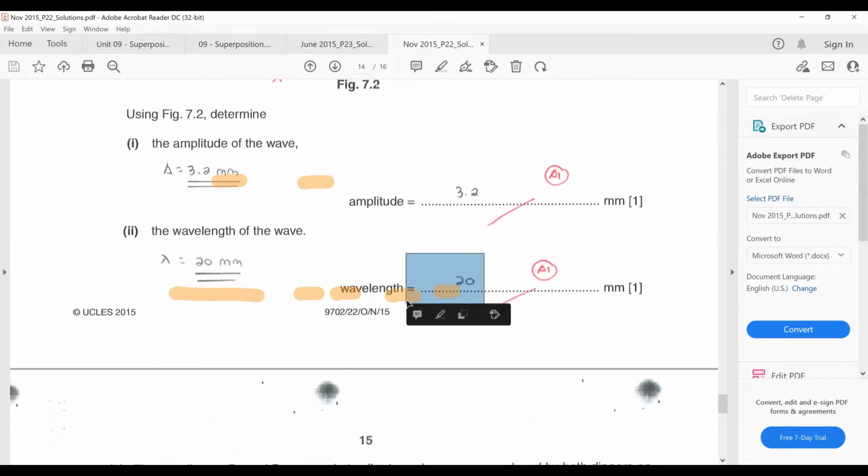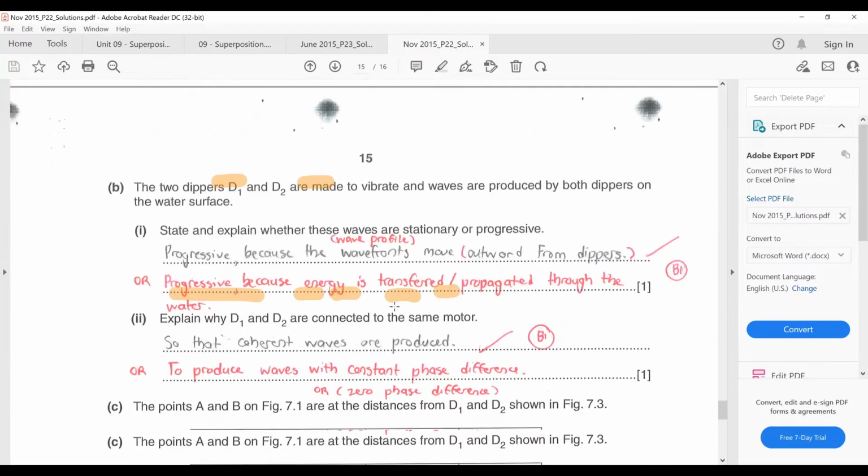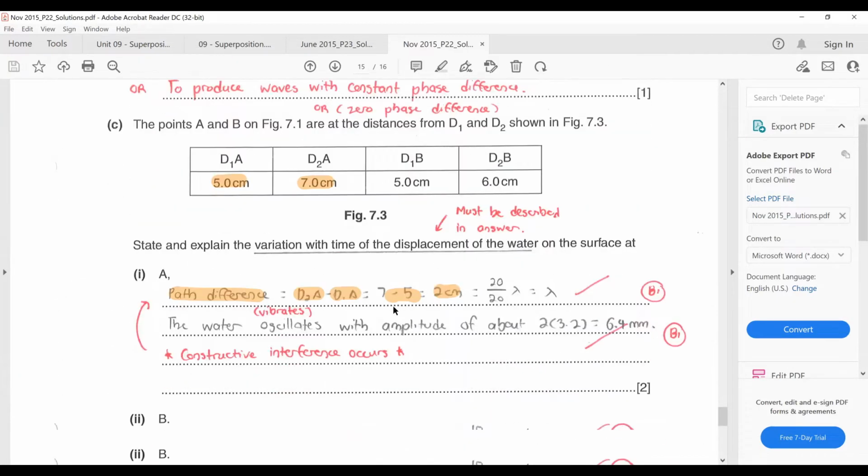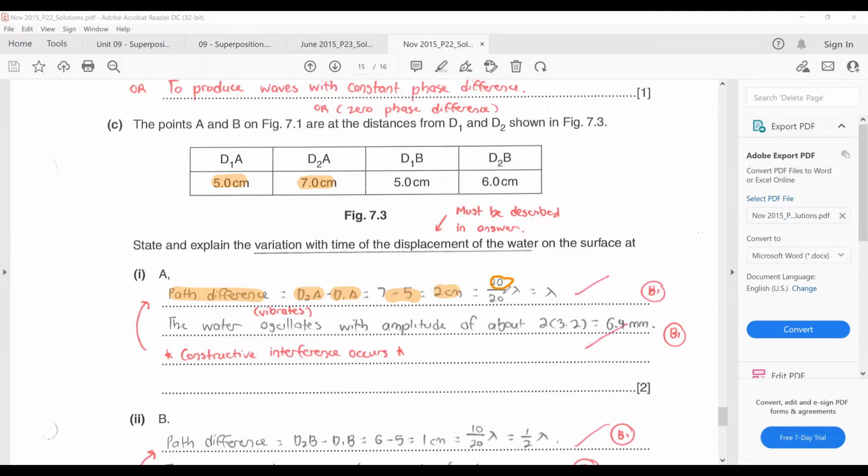It is 20 millimeters or 2 centimeters. Here I change it to millimeters now. 20 millimeters divided by 20 millimeters gives me the fraction of a wavelength. I'm actually getting just one wavelength itself. So here I would say that constructive interference occurs. The water oscillates with an amplitude of 2 times 3.2, 6.4 millimeters.